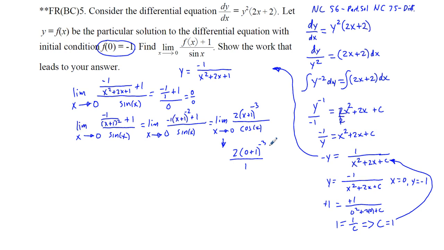And 1 to the -3rd power is 1 over 1 to the 3rd power, which is 1. So we're going to have 2 over 1, which equals 2. So our answer to this is 2.